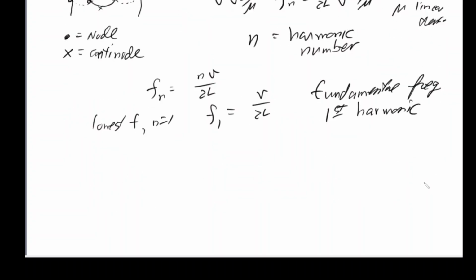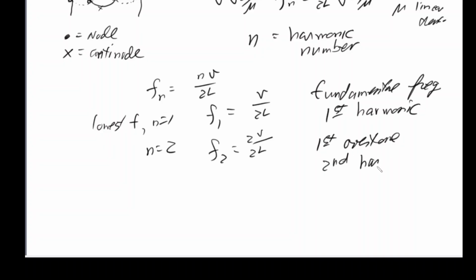Now, what happens when n equals 2? Then you get f2, which is 2v over 2L. And this is called the first overtone, or second harmonic.